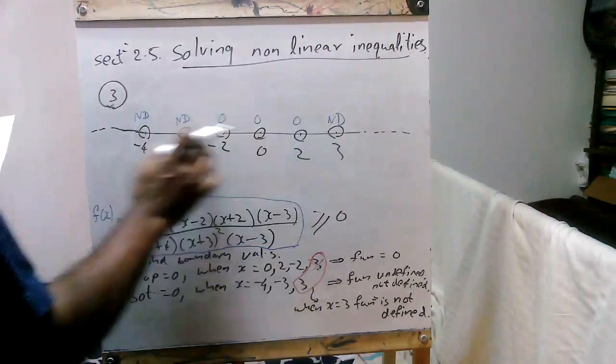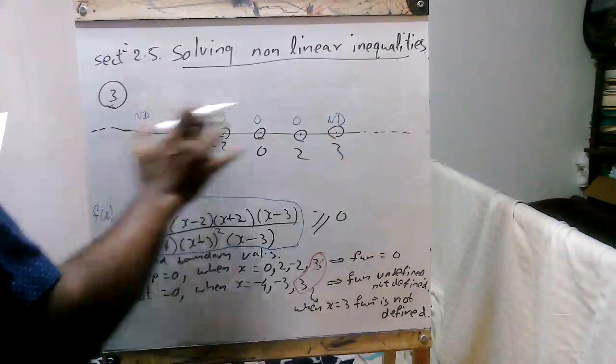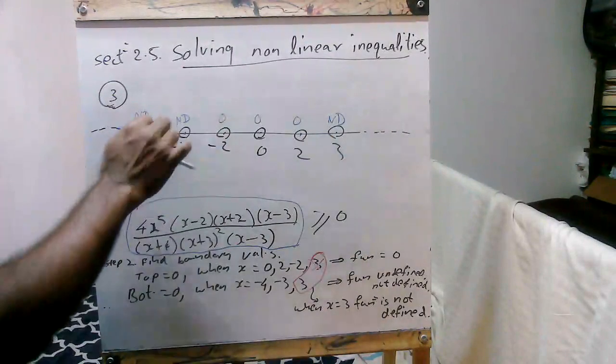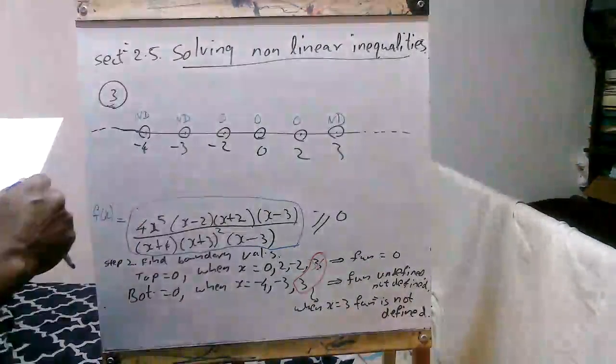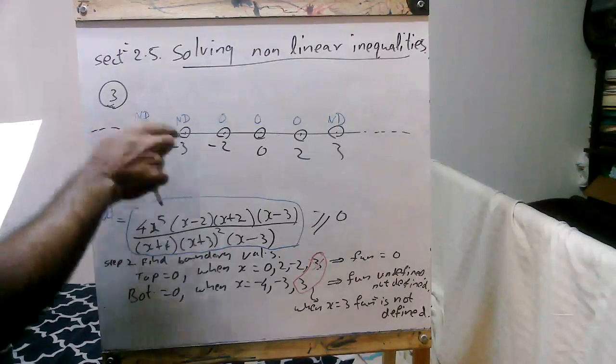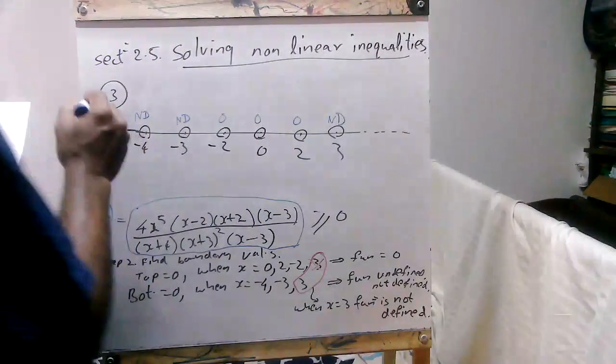On top we showed where the function is not defined or 0. Now, to find what's happening in between these points and outside of these points, we use a check value.